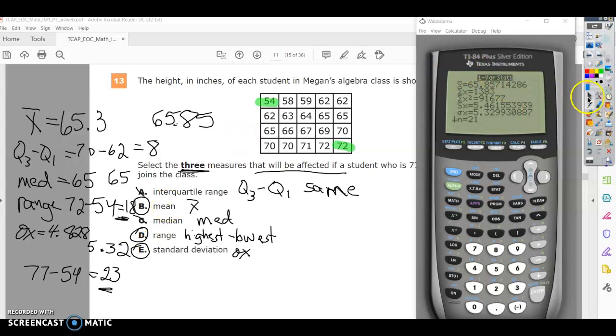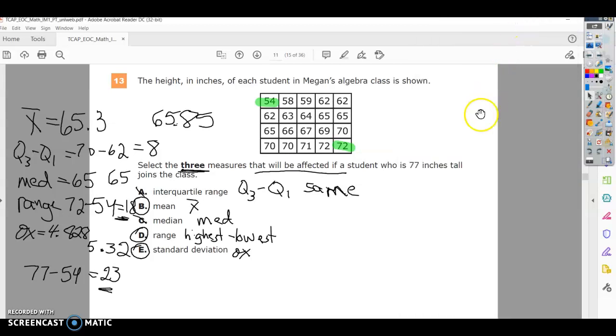Your calculator will give you all of these answers except for the range. You just have to know how to interpret the data. So put it in stats in your list and then do 1 var stat to get these numbers. The answer to number 13 is B, D, and E.